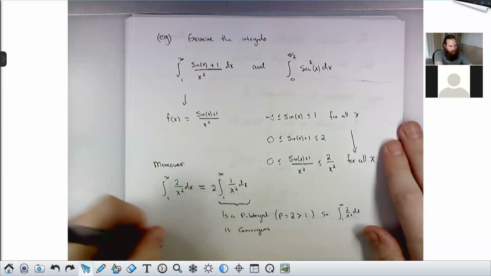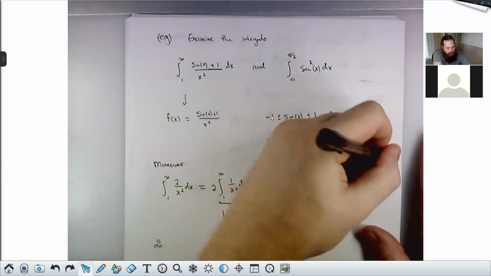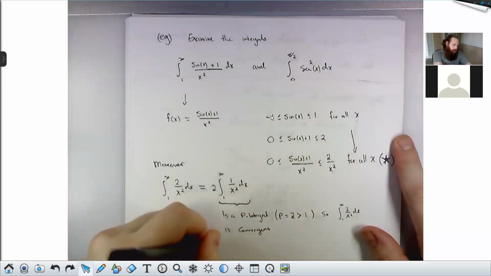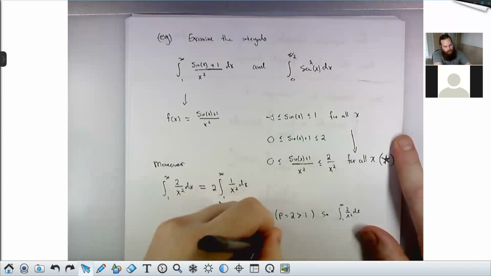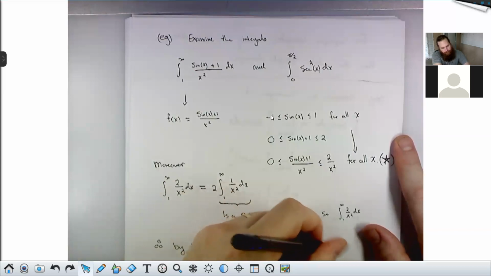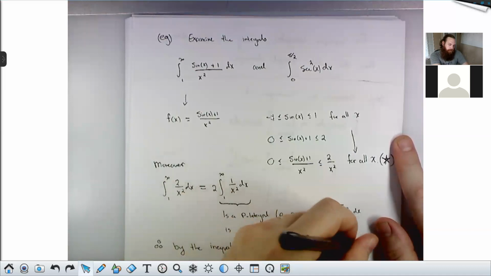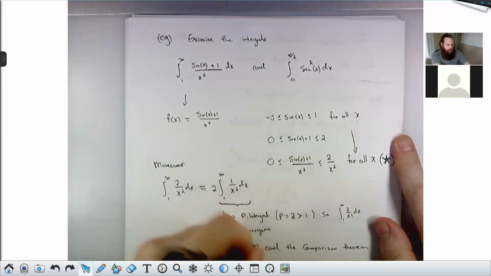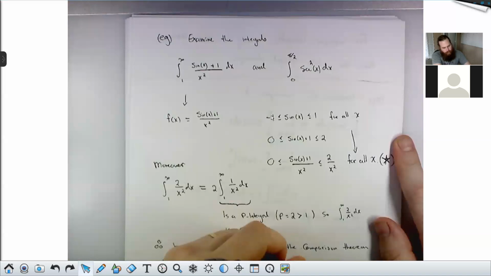Therefore, by this inequality, which I'll label star, and the comparison theorem for improper integrals, the integral from 1 to infinity of sine x plus 1 over x squared dx must converge.